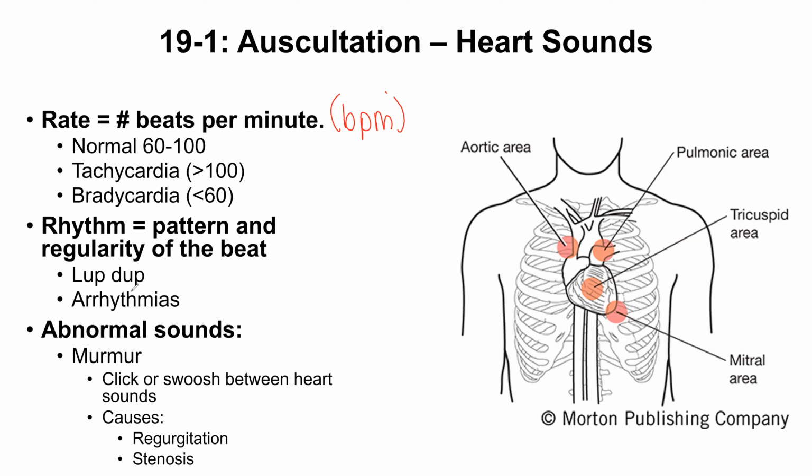There's not a good normal interval between each lub-dub, and that's what irregular rhythm would mean. If there is an irregular rhythm, that is the term arrhythmia. Arrhythmia simply means irregular rhythm.